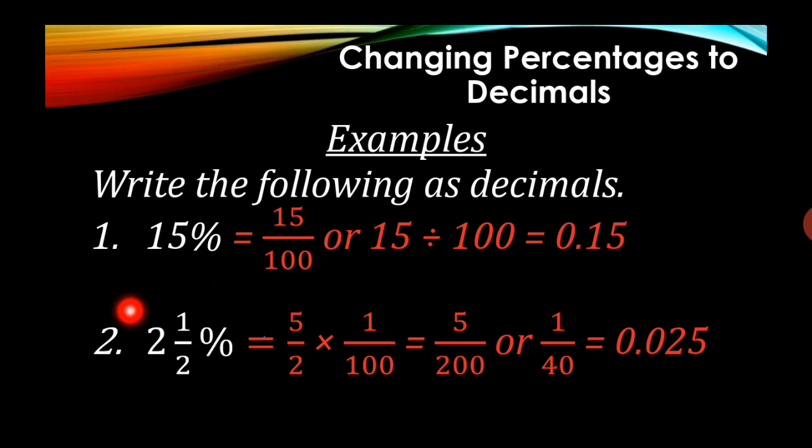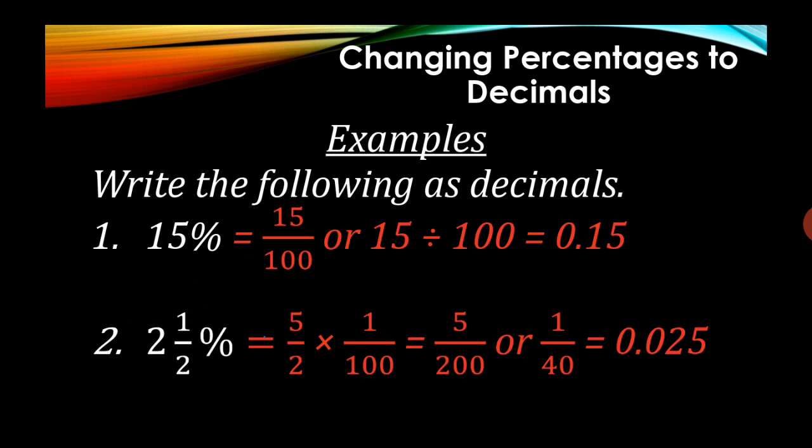2.5%. This is a mixed number, 2.5%. How do we convert that into a decimal? That means you quickly convert 2.5% to a what? To an improper fraction. So 5/2, that's 2 times 2 plus 1. 5/2 times 1/100, I mean.